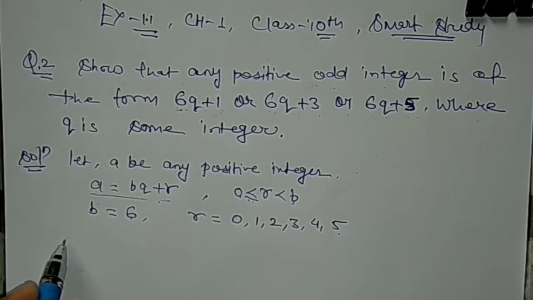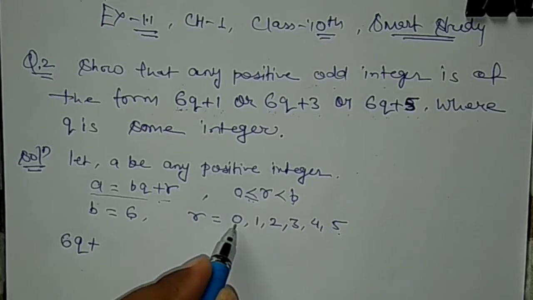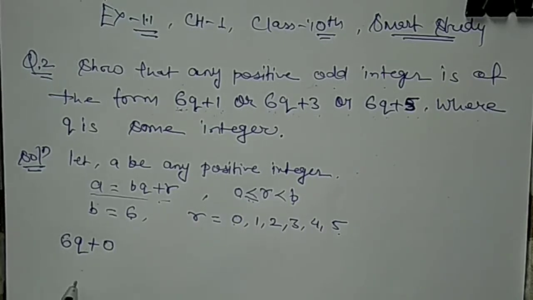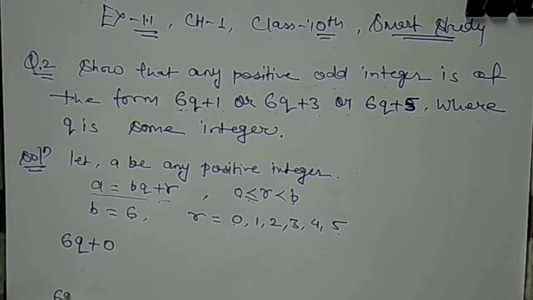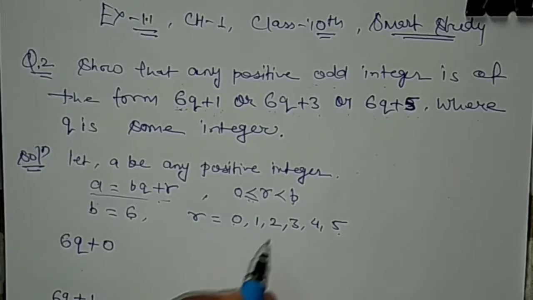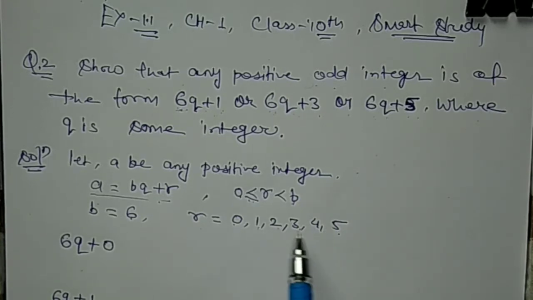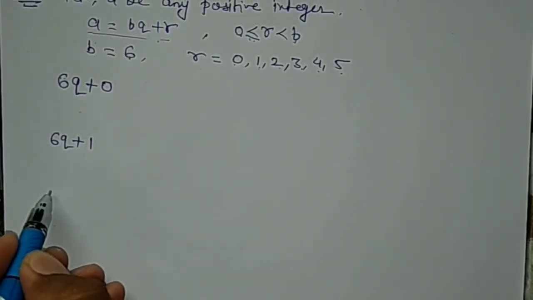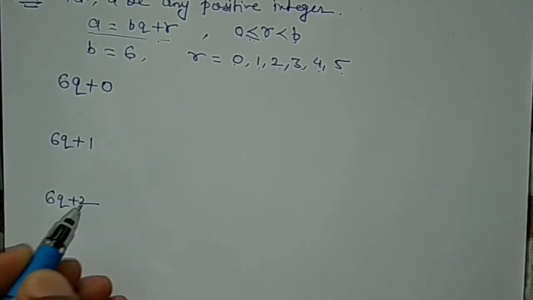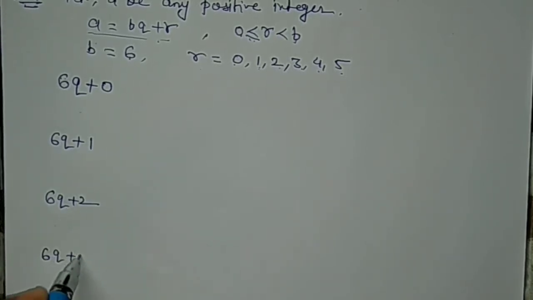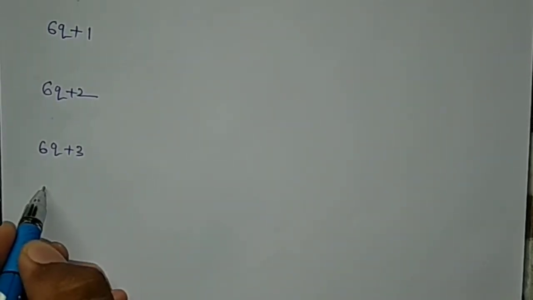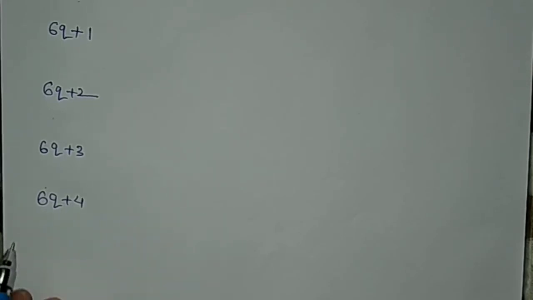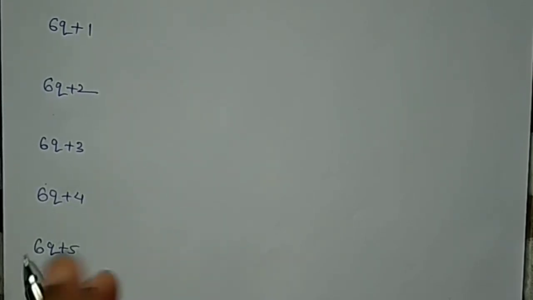So b is 6 here, by Euclid division algorithm we can write like that: 6q plus 0 as the first case, then 6q plus 1, 6q plus 2, 6q plus 3, 6q plus 4 and 6q plus 5. All cases we have to write.